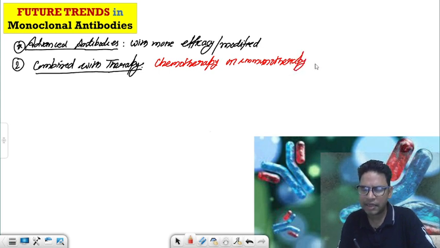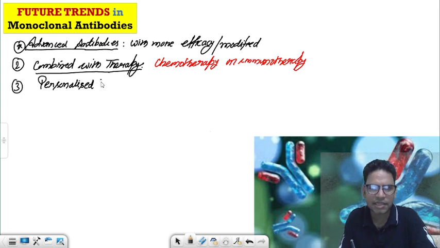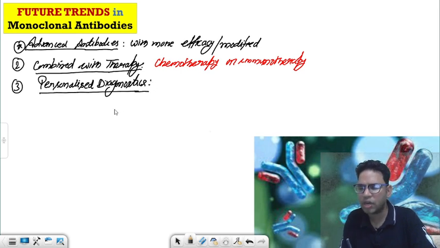Then personalized, as we were talking about personal and precision medicines, they can be tailored. Personalized diagnostics: this is the future of monoclonal antibodies.